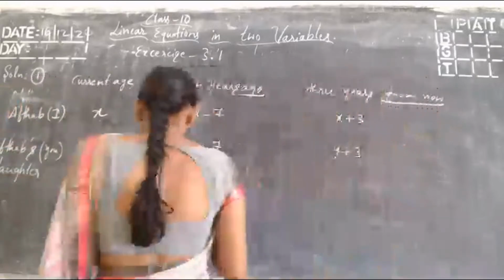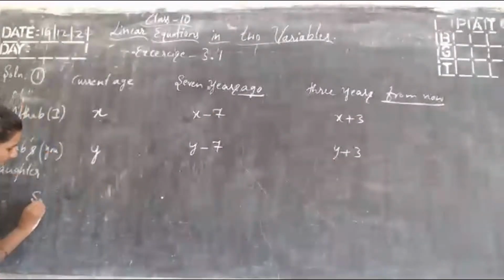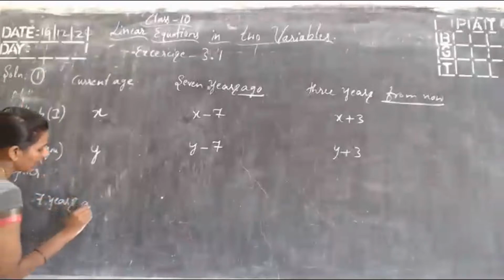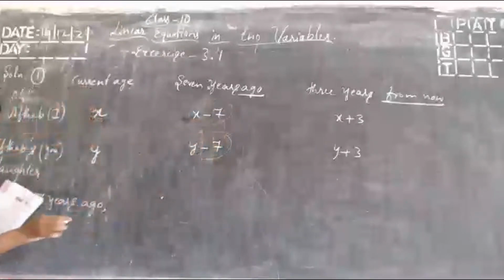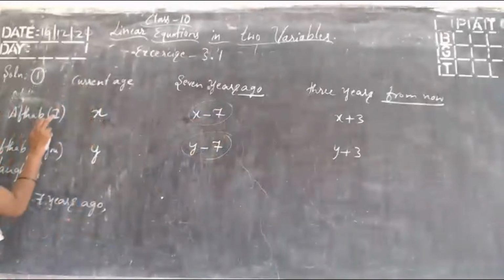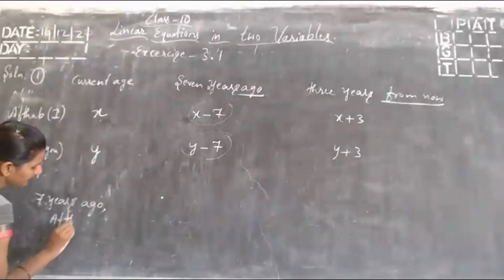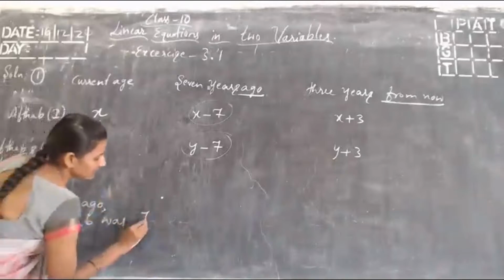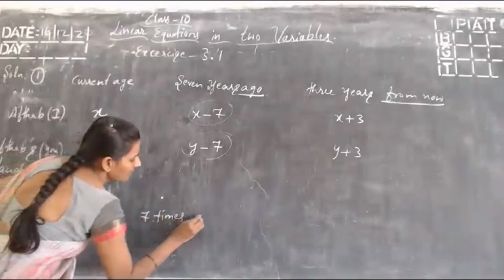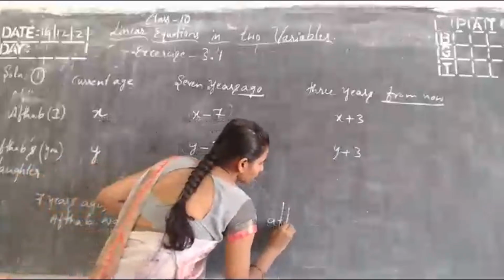See here, I will write: 7 years ago, I, meaning Aftab, was 7 times as old as Aftab's daughter. How can we write this? 7 years ago means we have to take these two values.